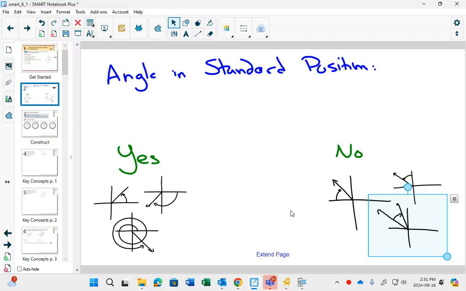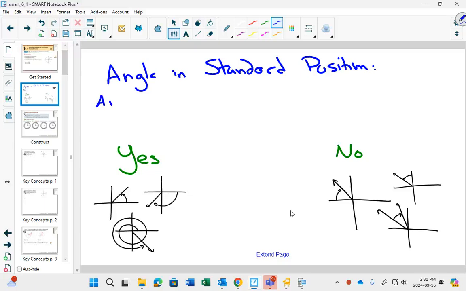What makes something one and something not? Now we have to write that in words. An angle in standard position, what makes it an angle in standard position? What do you think? Alice? I'm not sure if this is really the correct definition, but from using that graph, it is any angle that starts from the right side of the horizontal line.